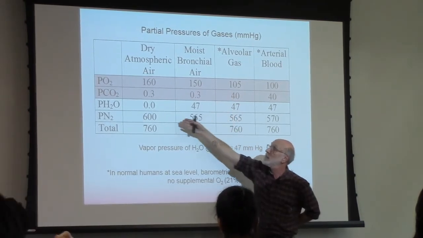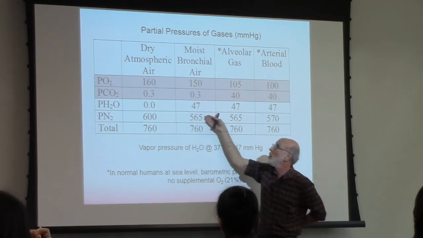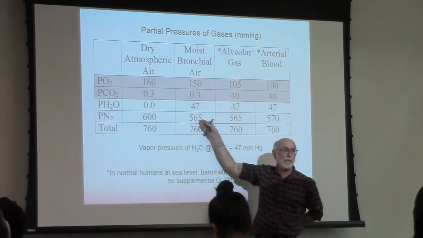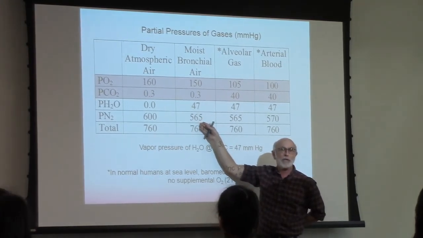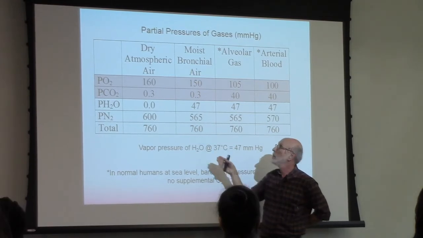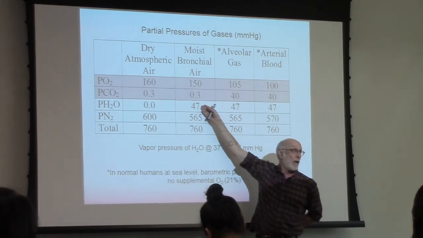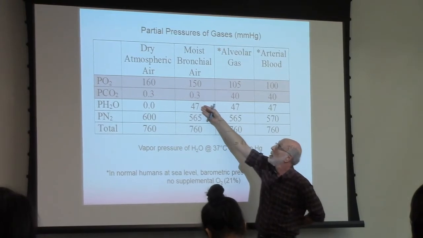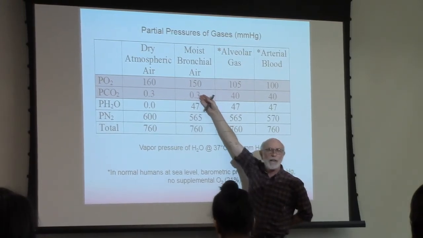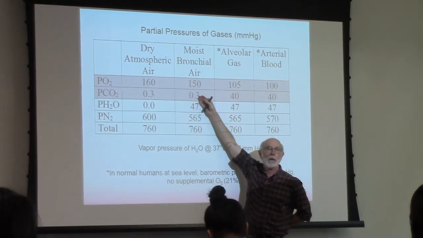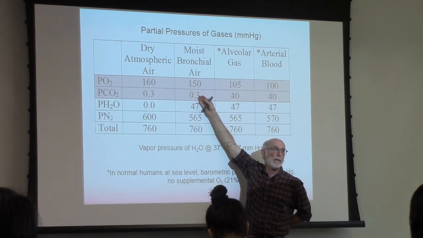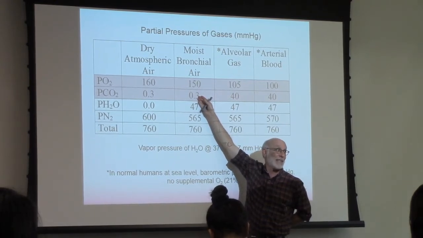So instead of having 600 millimeters of nitrogen, we now have 565 millimeters of mercury of nitrogen. Partial pressure of nitrogen is lower because some of the partial pressure of the total gas is occupied by water. You'd say, well, carbon dioxide should also be lower, but this is a rounding error. So it's still 0, basically.